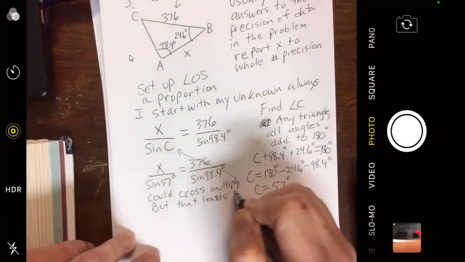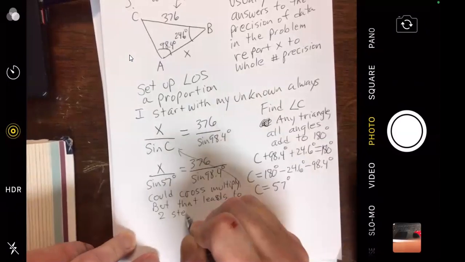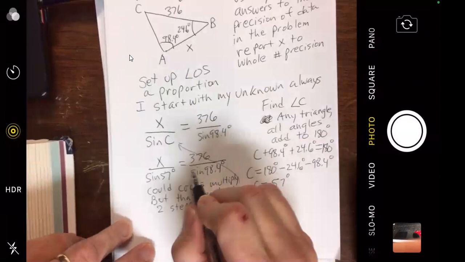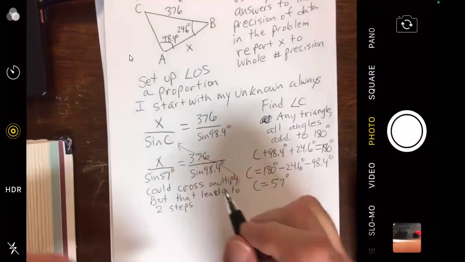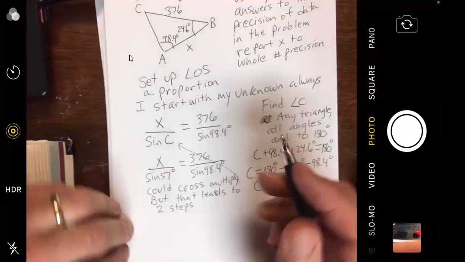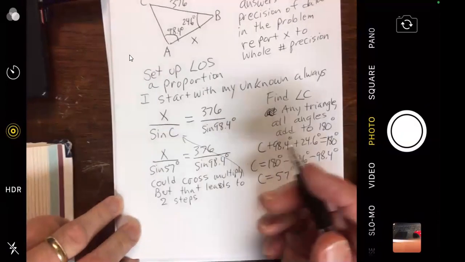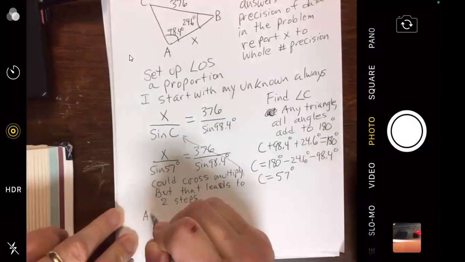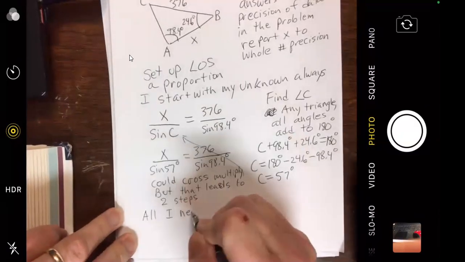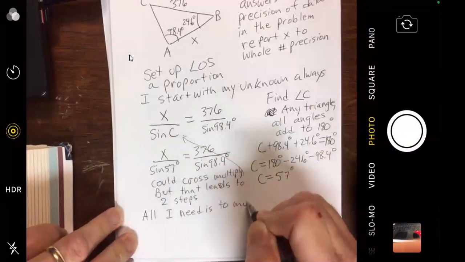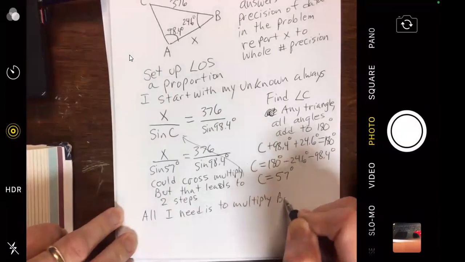Sine of it times x equals 376 times sine of this, and then you've got to divide by it. It works. If you like to cross multiply, help yourself. But all I really need is to multiply both sides.